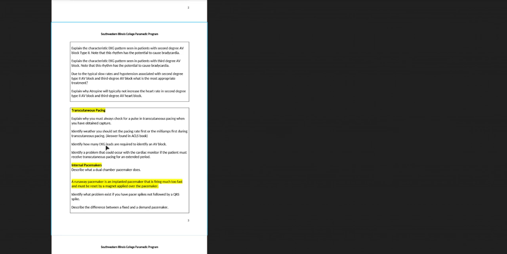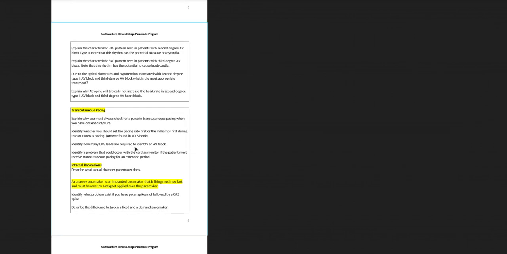Identify how many EKG leads are required to identify an AV block. So this question is also worded a little strange, because you really only need one to see the rhythm, because an AV block is a rhythm. You don't need contiguous leads.